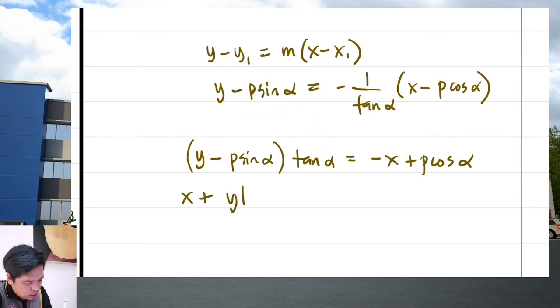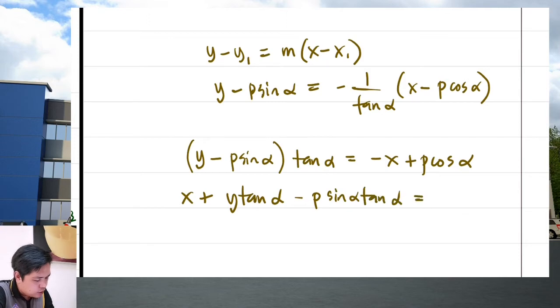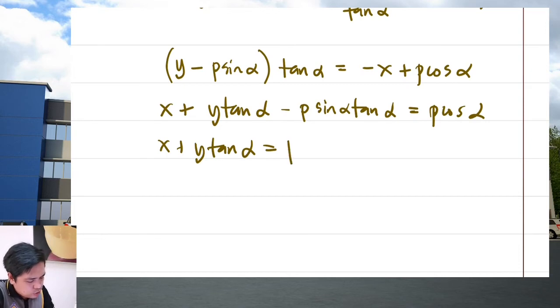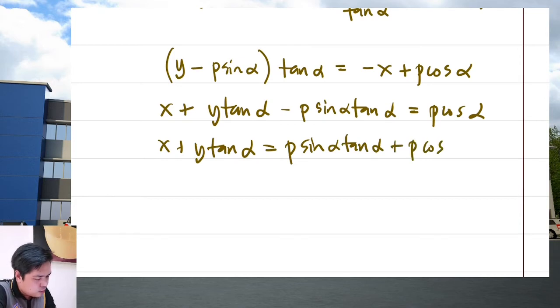So plus y tangent alpha minus p sine alpha tangent alpha equals p cosine alpha. Okay. So simplify further, y tangent alpha would be equal to p sine alpha tangent alpha plus p cosine alpha.